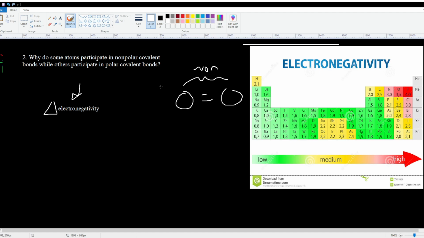The same case with carbon and hydrogen: the difference in electronegativity is not great, so that would be nonpolar covalent. If we have oxygen and hydrogen bonded together, that's a great difference, 3.5 minus 2.1, so this would be polar. The same with nitrogen and hydrogen: the difference is rather great, so this would also be polar.